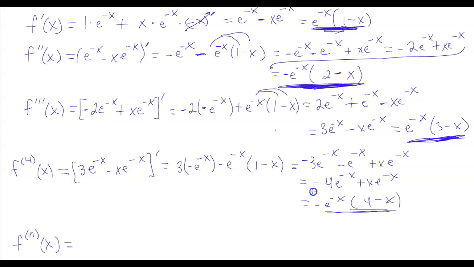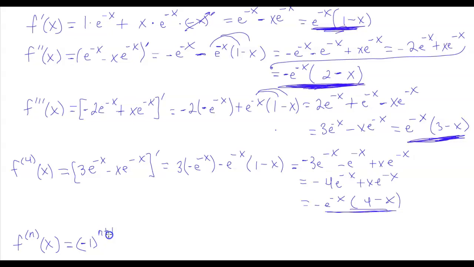So how we can denote that is basically we want our odd ones to be positive numbers. We could just say this is -1 raised to the n plus 1. Okay.